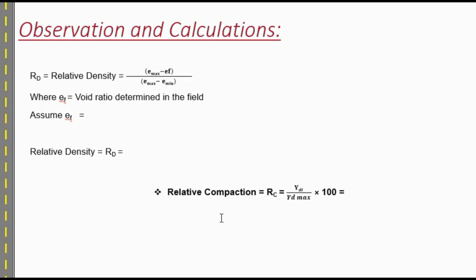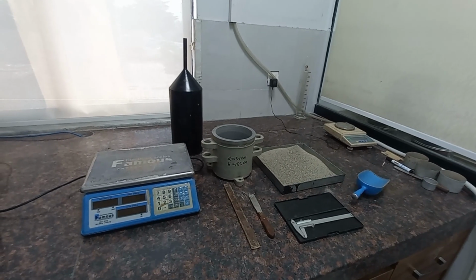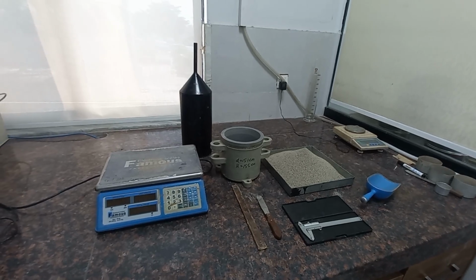This was the test for determination of the maximum dry density or maximum index density of a soil specimen, cohesionless free draining soil specimen. Now we will perform the experiment, and after performance we will see the results of the soil sample. Thank you.